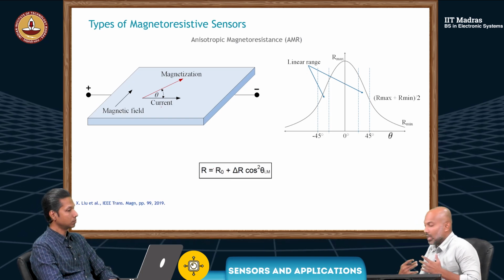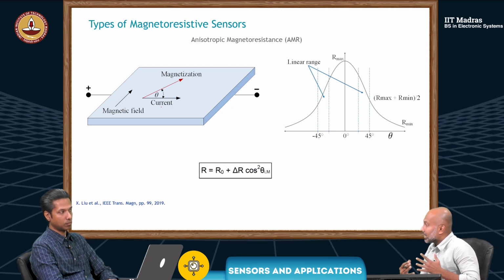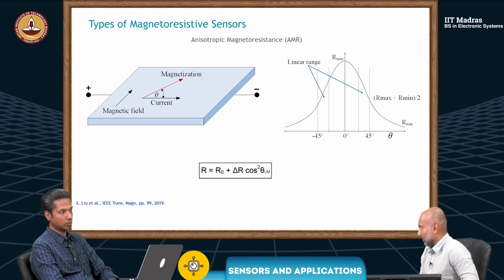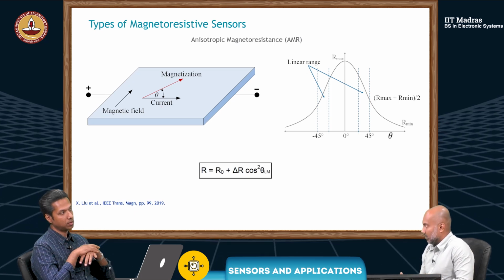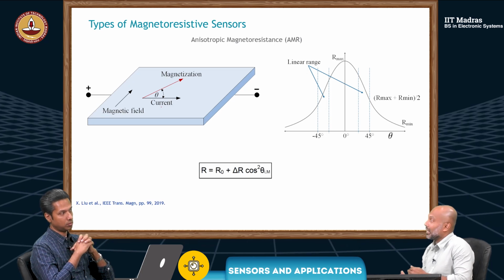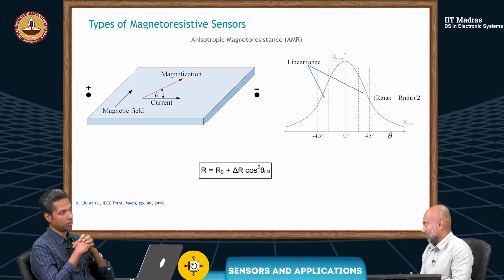This change has nothing to do with the amplitude of the magnetic field. It can be smaller or higher, because we are talking about the angle between the magnetization direction and the current.